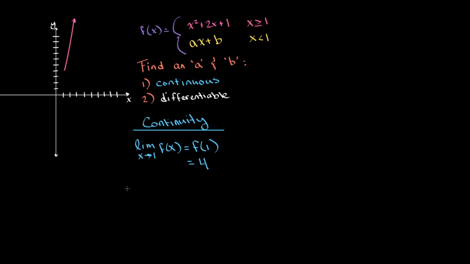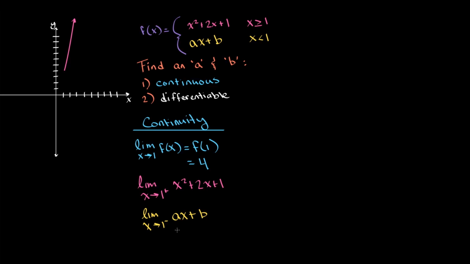Let's take left and right-handed limits. We're first going to look at this piece of the parabola: the limit as x goes to 1 from the positive side of x squared plus 2x plus 1. Then our left-handed limit is the limit as x goes to 1 from the negative side of this arbitrary line, ax plus b.